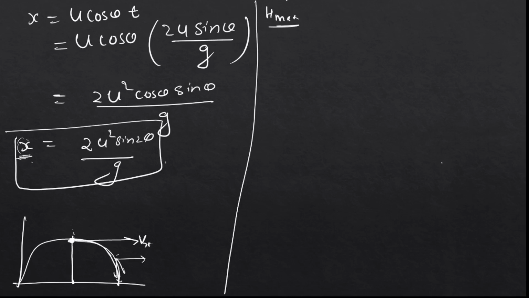So from here we can write that Vx is equal to u cos theta, and Vy is 0.